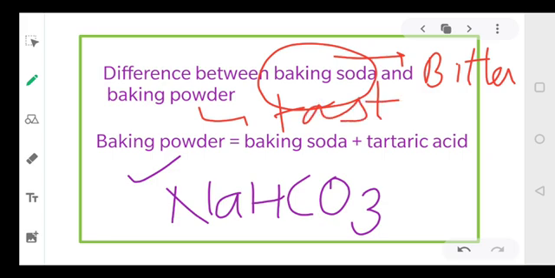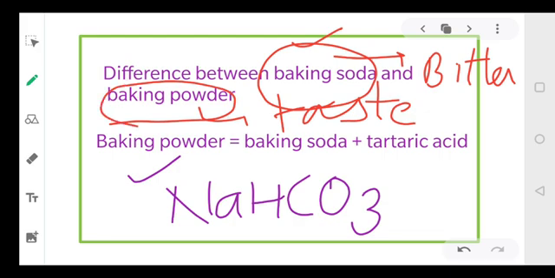Now just imagine if you add baking soda in your cooking, then the vegetable or chole or rajma may become bitter, and if they become bitter, nobody will be able to eat, isn't it? So instead of adding baking soda, we always add baking powder.